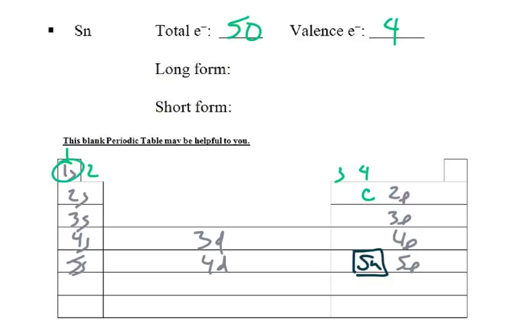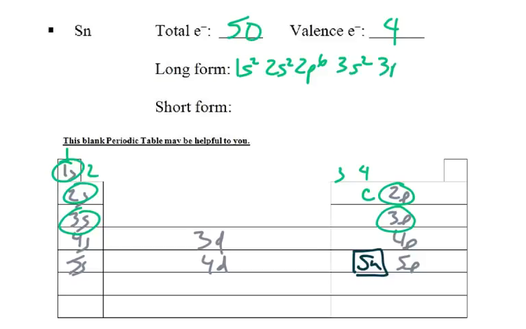Okay, long form. We have 1s2, 2s2, 2p6. We're going to have 3s2, 3p6. We're going to have 4s2, 3d10, 4p6.